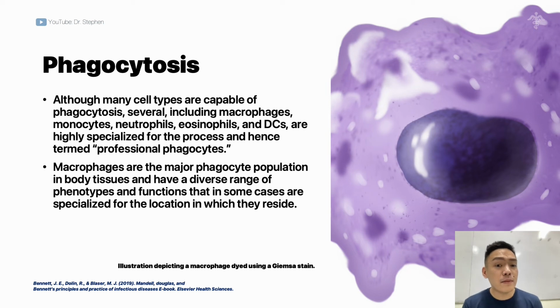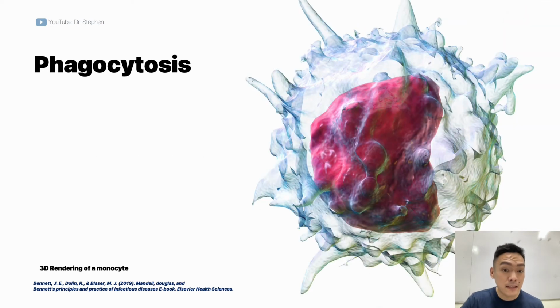Although many cell types are capable of phagocytosis, several, including macrophages, monocytes, neutrophils, eosinophils, and dendritic cells, are highly specialized for the process and hence termed professional phagocytes. Macrophages are the major phagocyte population in body tissues and have a diverse range of phenotypes and functions that in some cases are very specialized for the location in which they reside.